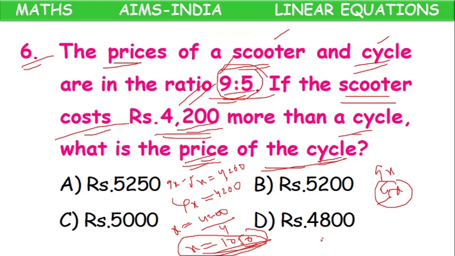So 5x means 5 into 1050. What is the answer? 5,250. A option, 5,250 is the correct answer.